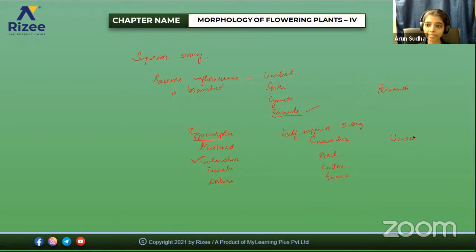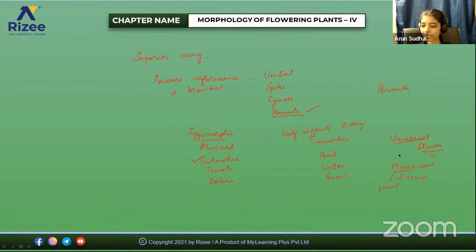Be clear in this. Unisexual flower is the one which contains either androecium or gynoecium. So what do you mean by monoecious and dioecious? You should not confuse it here. Monoecious or dioecious represents the plant.